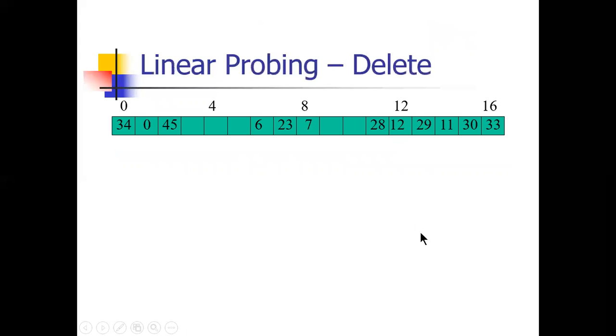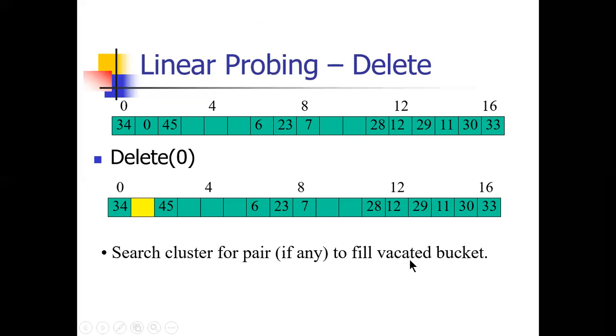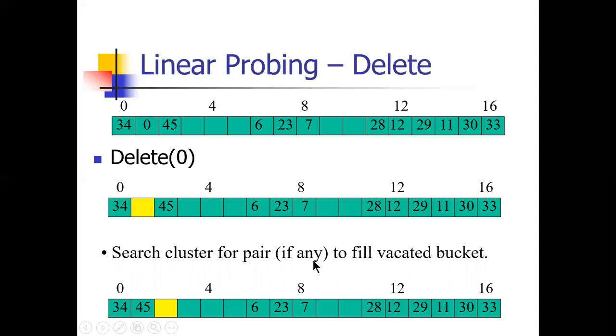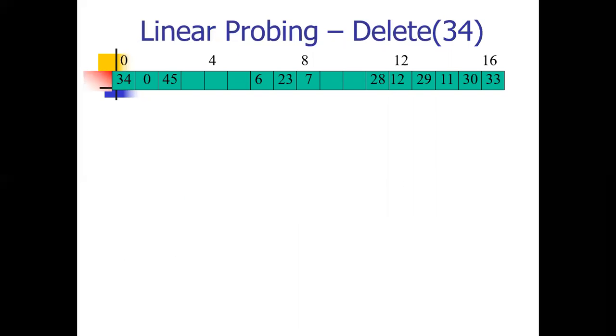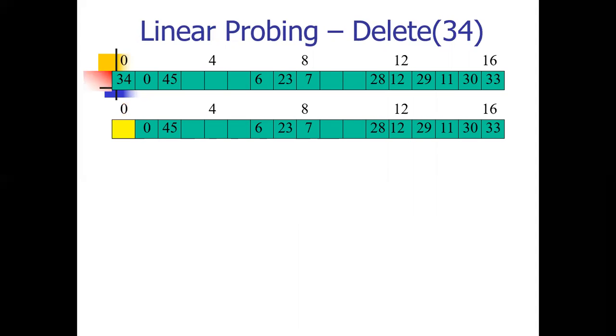What about deleting? How do you delete? Delete 0, then search the cluster for a pair, if any, to fill the vacated bucket, just like that. So you start from there, delete 0, you also delete on the other 4, delete on 8, delete on 12, and 16.